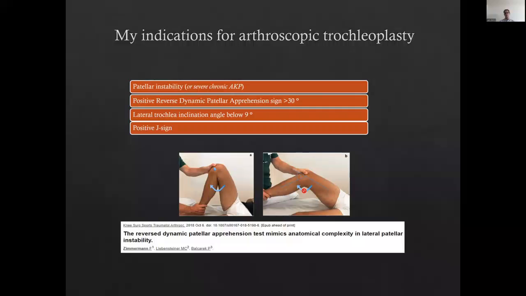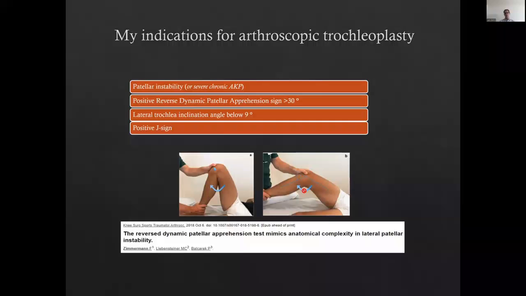And then you slowly straighten the knee more and more, and suddenly the patient starts to become apprehensive, and you measure the degree of the flexion at which the apprehension starts. And basically you don't need to straighten the knee, because you know when the knee is straight, they will be extremely apprehensive.